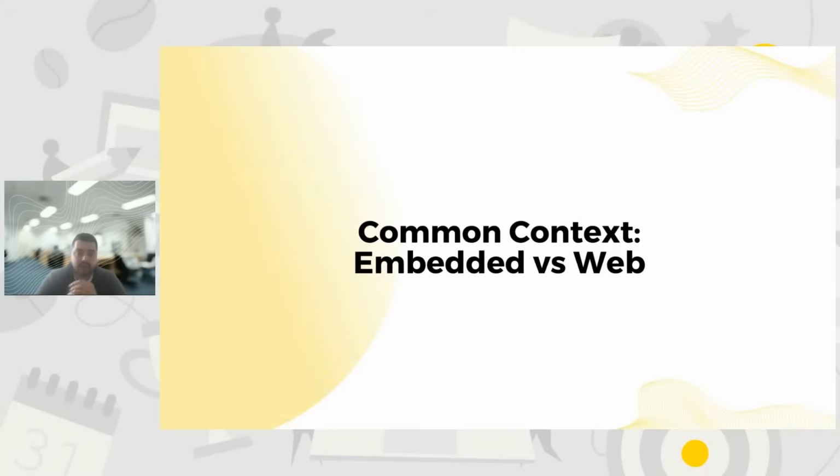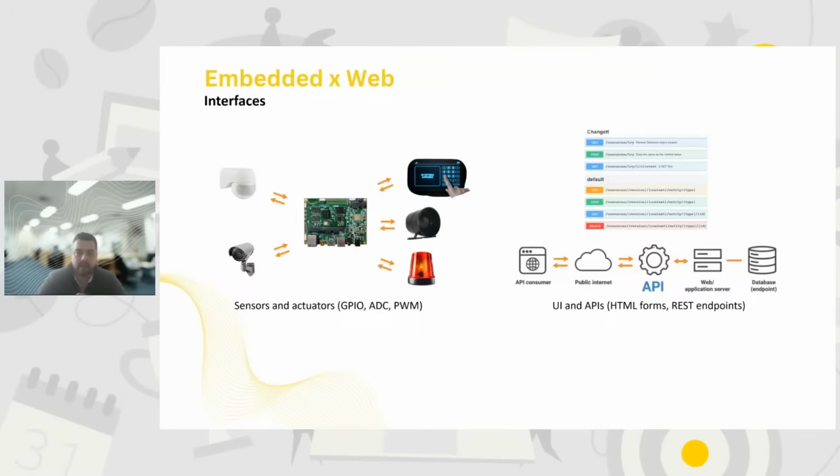So now let's have a look at some common aspects between embedded and web. First of all, we have the interfaces, and we can compare them to big systems. On the left side, we can see an embedded device where we have one camera here, another position sensor here, and a camera here.